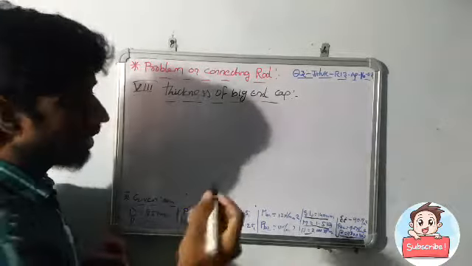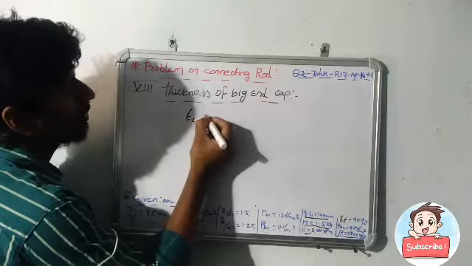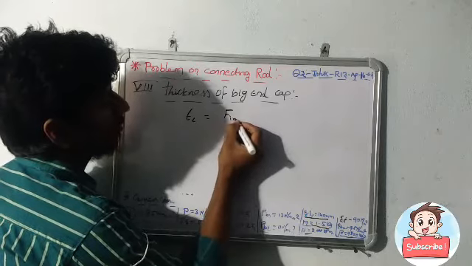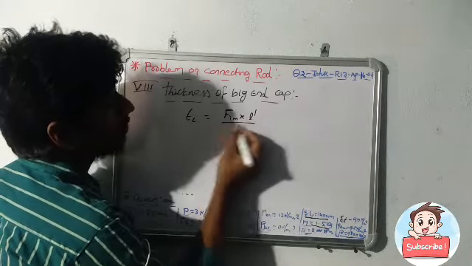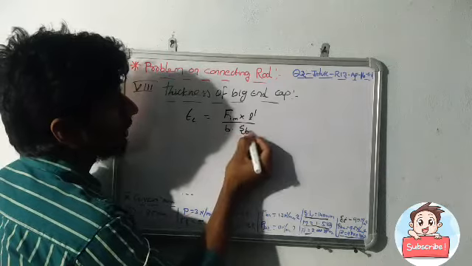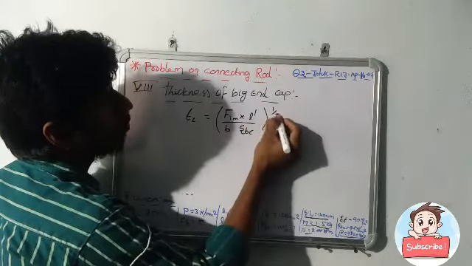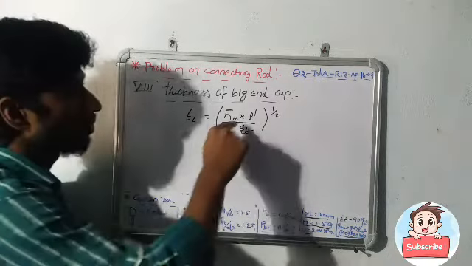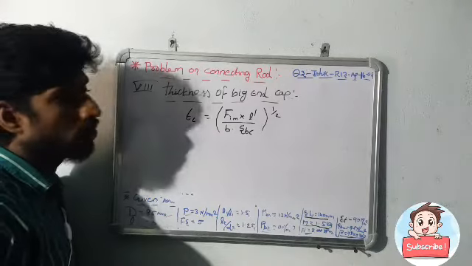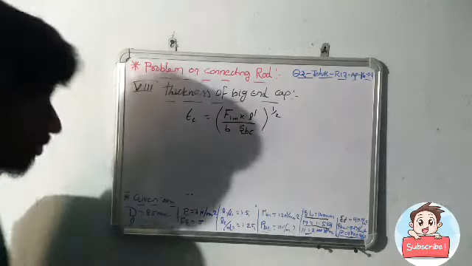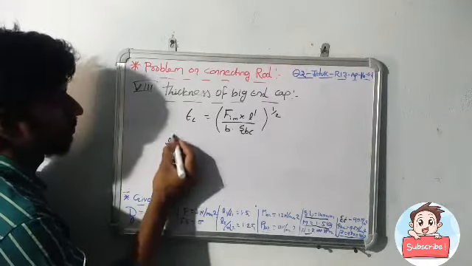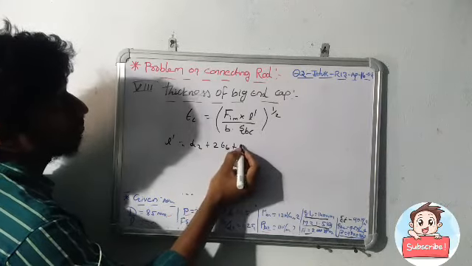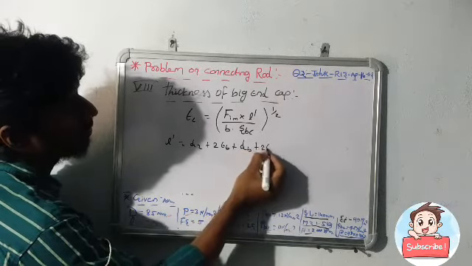The thickness of big end cap is denoted by TC, that is equal to (FIM into L dash divided by B into SBC) whole power 1 by 2. This is the formula to find the thickness of big end cap. Here we know the FIM value and L dash. L dash is D2 plus 2TB plus dB plus 2TM.